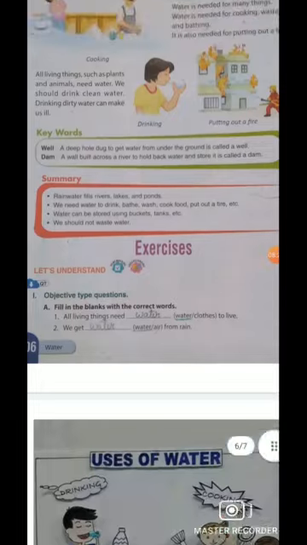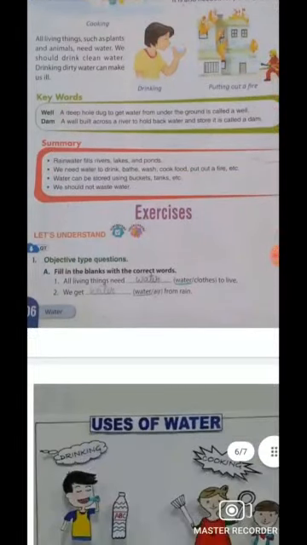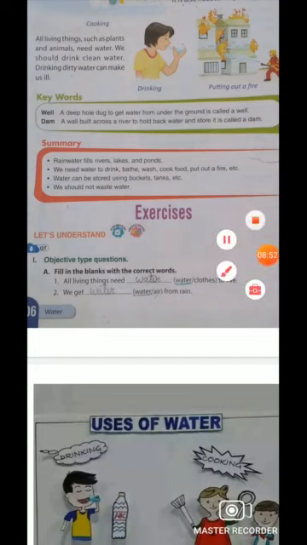So students, you have to read this chapter carefully and complete all the exercises in your book and your CW and SW notebook, and learn all the fill in the blanks, true or false, choose the correct option and all question answers of this chapter.